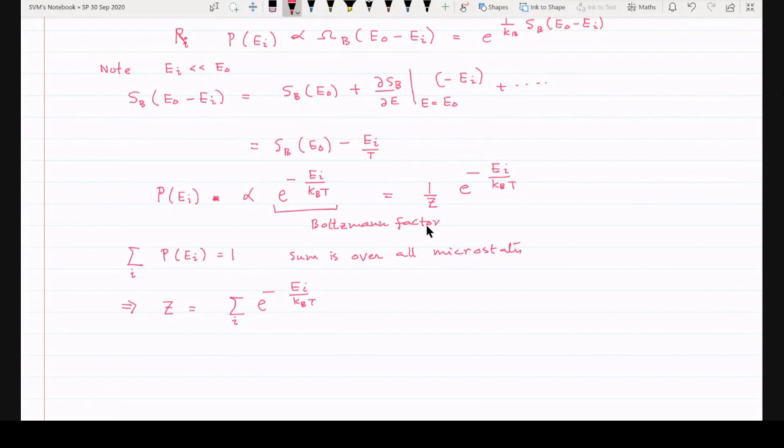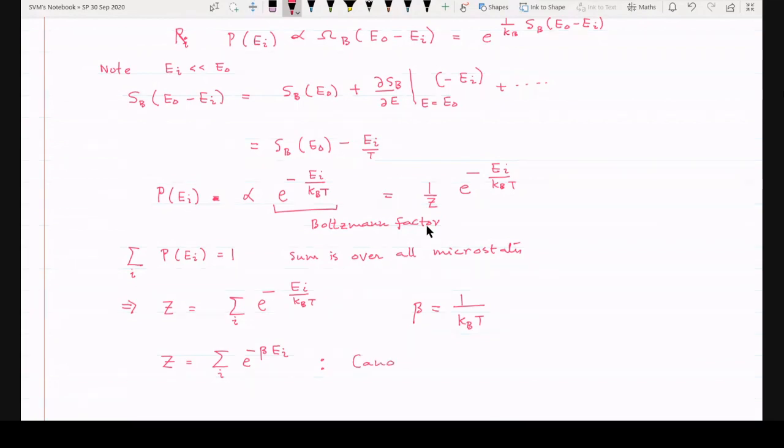Many times we define an inverse temperature called beta, which is 1 over kBT, and write this Z as the sum over I of e to the minus beta EI. So this quantity is called the canonical partition function.